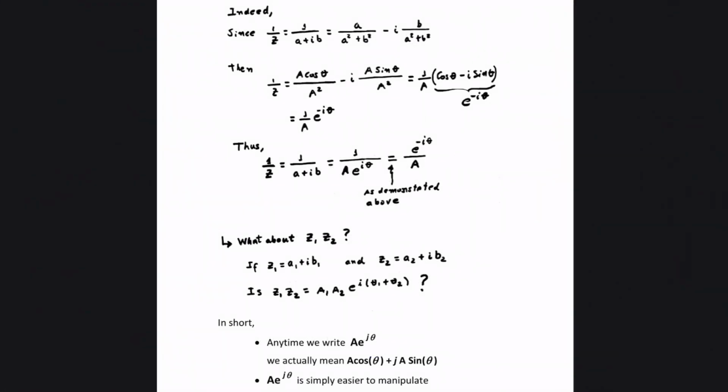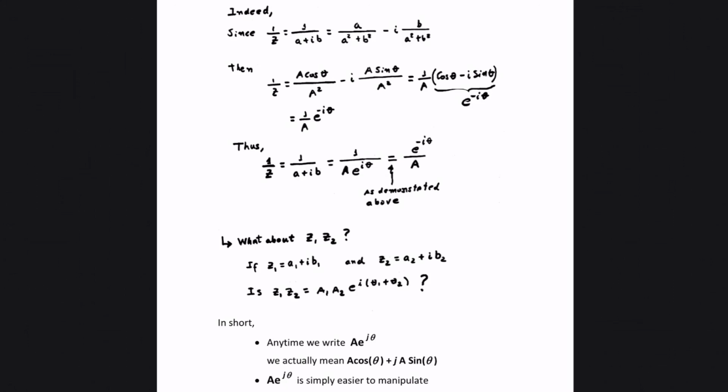Now let's see what the reciprocal of the complex number z, which is 1 over z, looks like in polar representation. So 1 over z is simply 1 over a plus ib, and if we just multiply and divide it with its complex conjugate, we saw that we can write it like this.